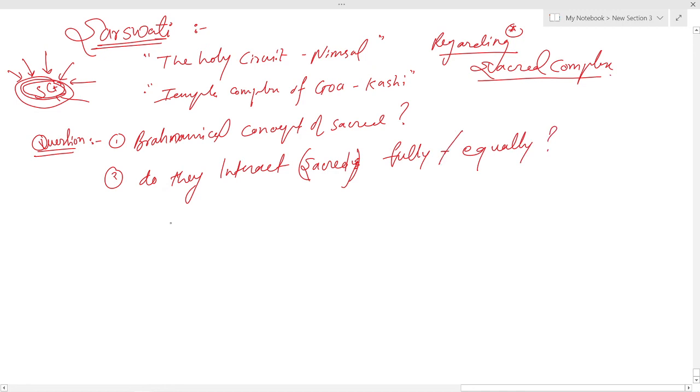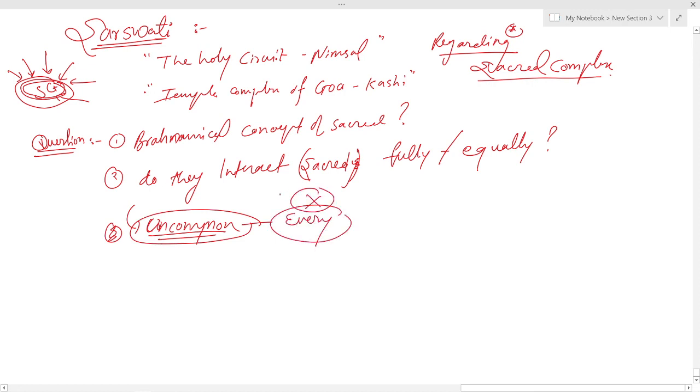Third, this does not seem to be happening at every Hindu place of pilgrimage, and yet this serves an important part. Basically, this is not something common. This is uncommon, because you do not see this happening in every place. So hence his questions were legitimate.